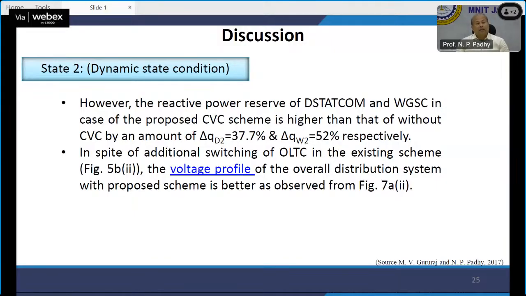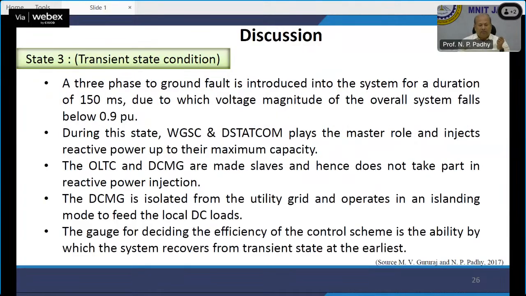What happens if I evacuate everything from, let's say, the D-STATCOM? Then 1 becomes 0.89 and then becomes 1.1. If you inject over-reactive power, that is also not good for the system, no? So you have to be slightly careful.